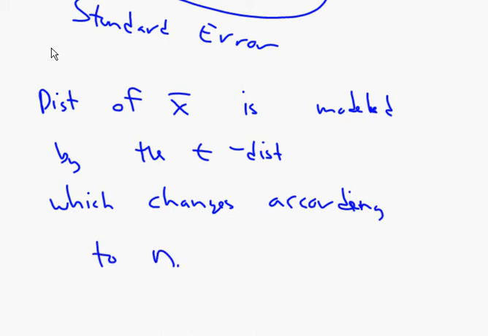So n is your sample size, and what I'm telling you is that this is not a normal distribution anymore. It's something called a T distribution, and the T distribution changes when n changes. Okay? That's what this is about. So I'll draw a picture for you, and you'll get a sense of it. Okay? So here is the normal distribution.